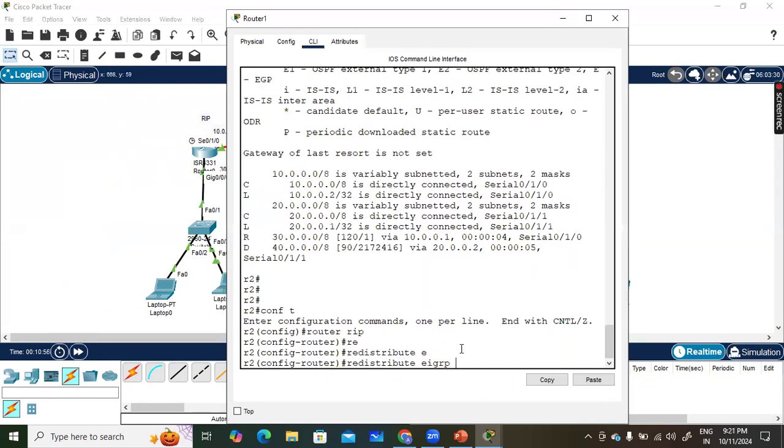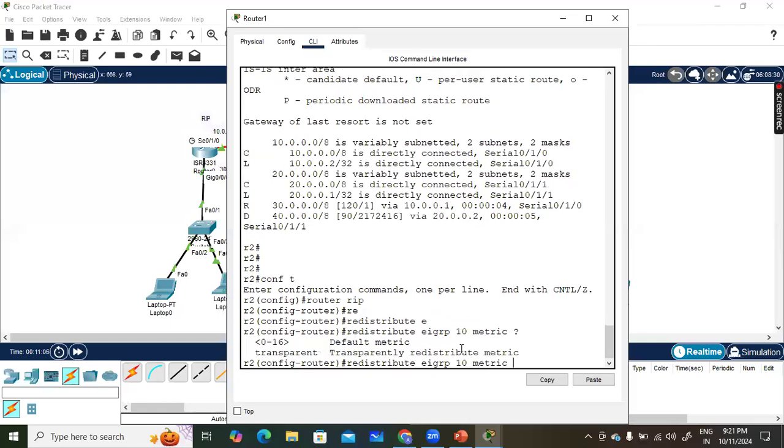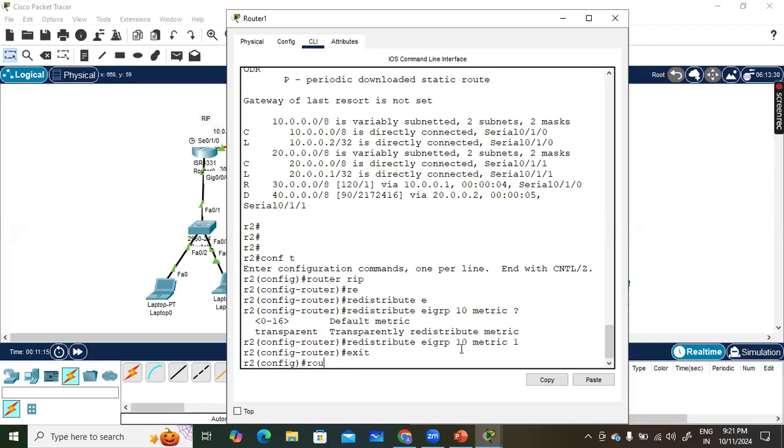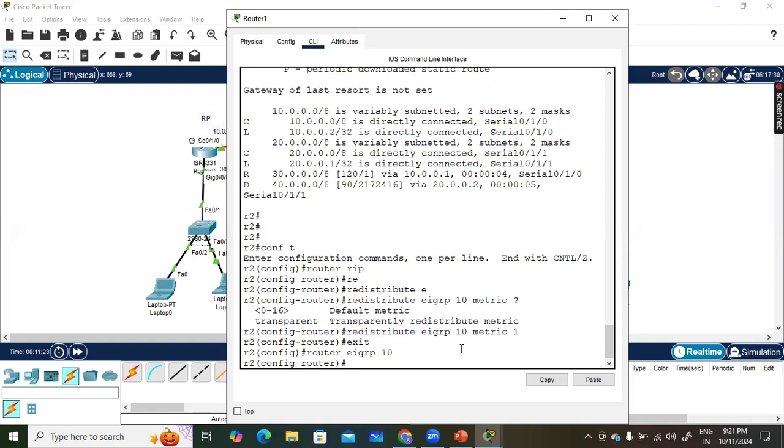Redistribute EIGRP, oh sorry, EIGRP 10 with metric 1 and press enter. That is a command. Now exit it. Now same way go to router EIGRP 10. Enter.